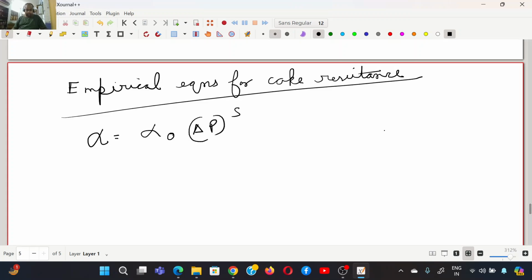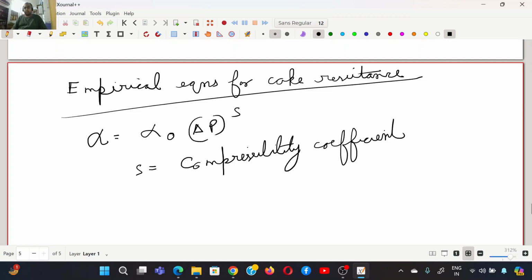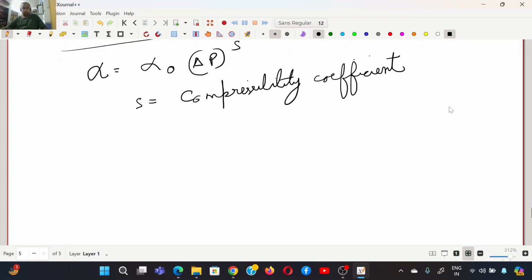Alpha is equal to alpha naught into delta P to the power s, where s is the compressibility coefficient. It varies between 0.2 to 0.8.